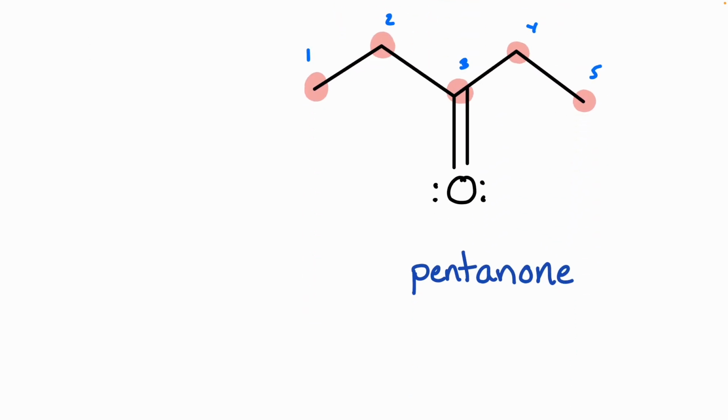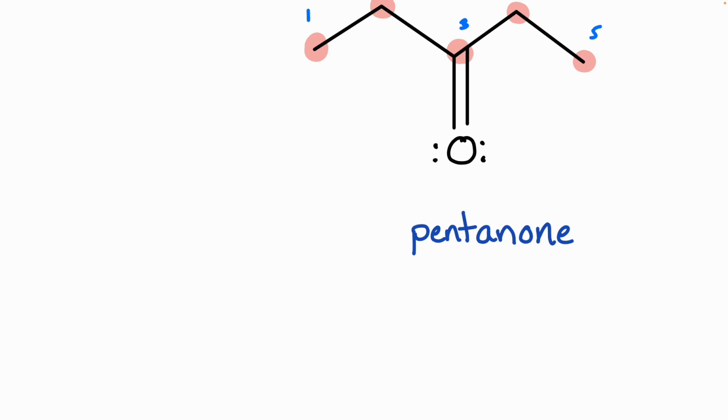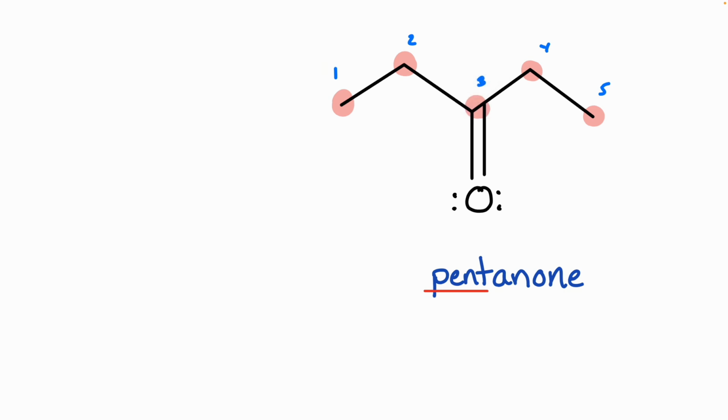Okay, we got a similar breakdown to what we saw before. The pent is telling me what? 5 carbons, that I got those 5 carbons. The an means all single bonds. I guess to be clear, all carbon-carbon single bonds.